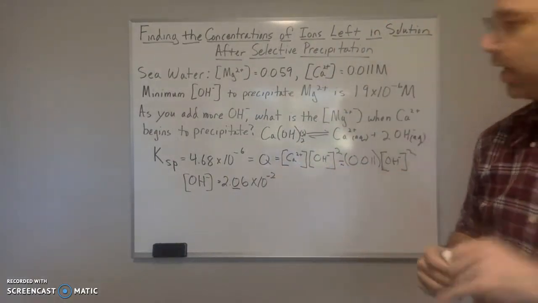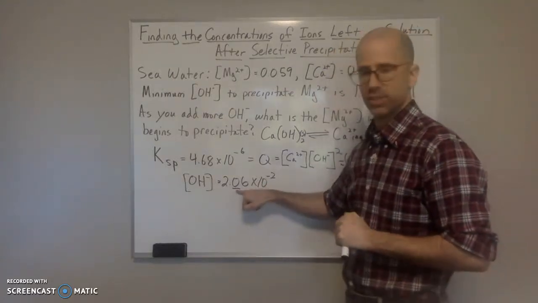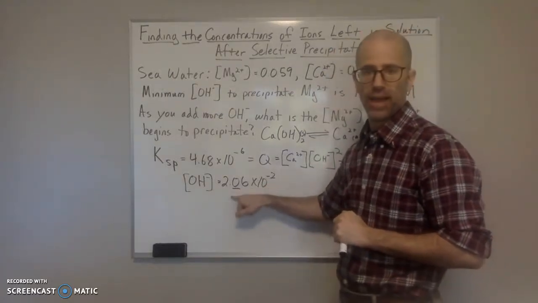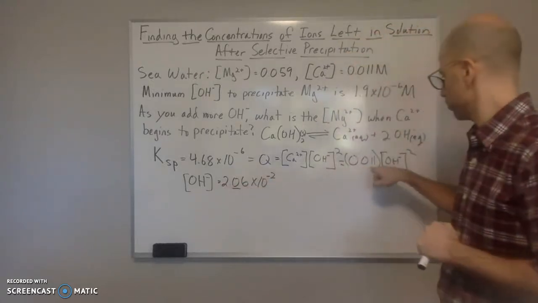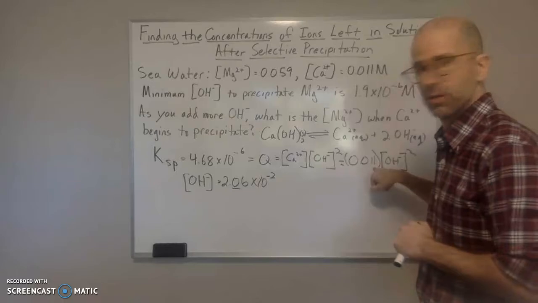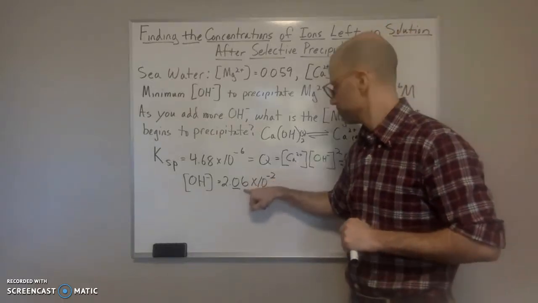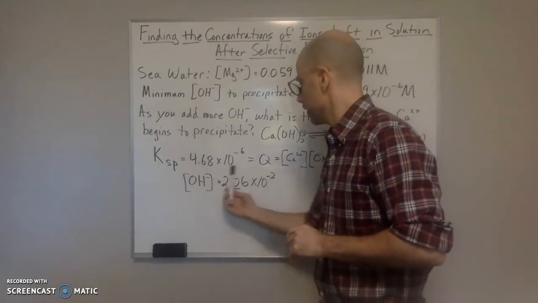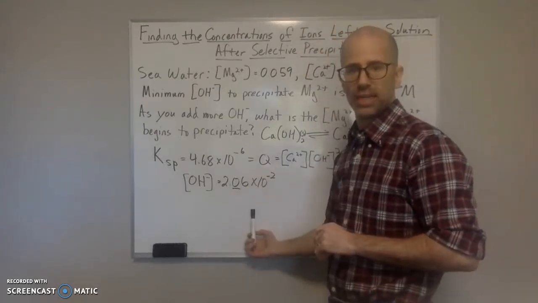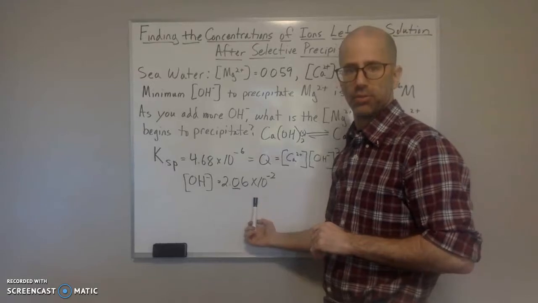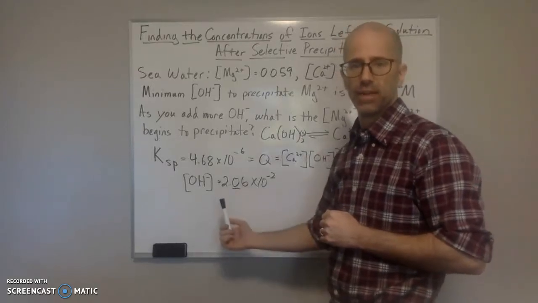And we're putting a line under the 0 to mark that this is our last sig fig. So we're only allowed 2 sig figs because we have 2 sig figs here. We're keeping an extra one to avoid rounding errors. Okay, so now we have the minimum concentration that we need of OH minus hydroxide ion in order to start to precipitate out the calcium ion.